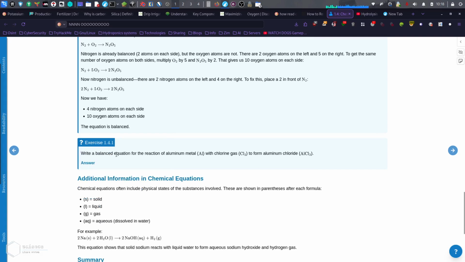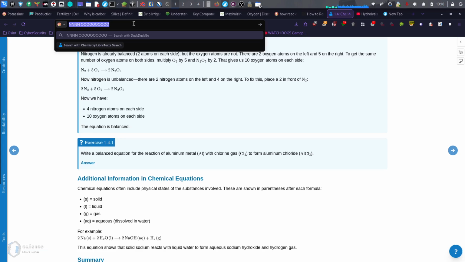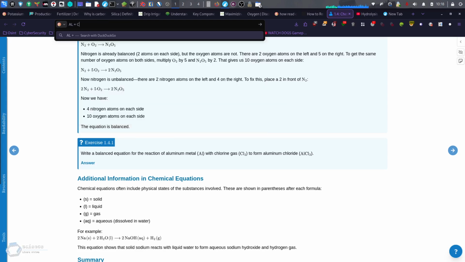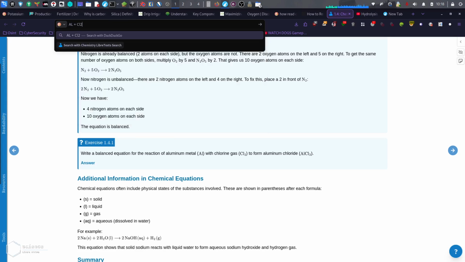Exercise. Write the balanced equation for the reaction of aluminium metal with chlorine gas to form aluminium chloride. Aluminium plus Cl2.